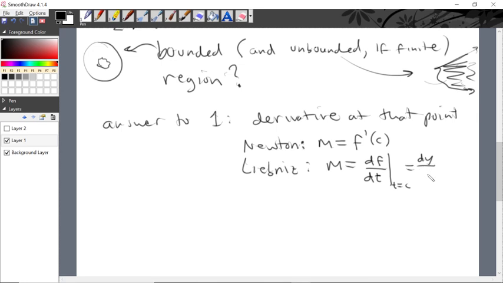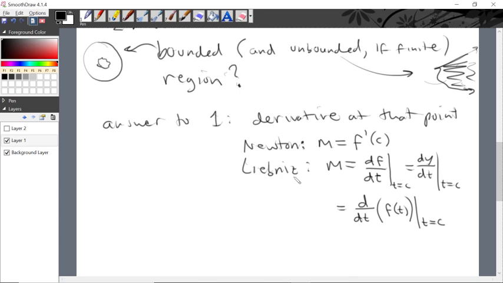Or we could write dy/dt where t is equal to c. Or we can separate out the operator, d over dt, saying we are finding the rate of change with respect to time of the function f of t, and then we evaluate that at c.